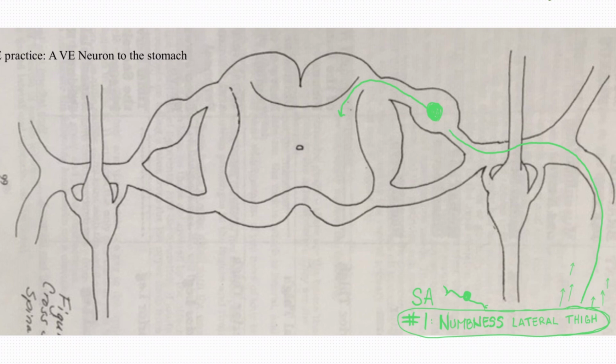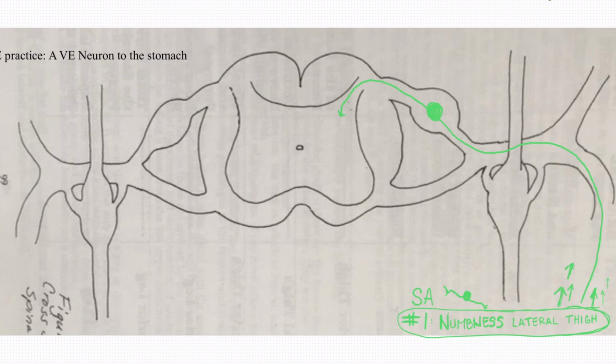So our SA neuron goes skin receptor, ventral ramus, dorsal root ganglion, dorsal root, spinal cord. So numbness in the lateral thigh, the skin receptor there, message goes up, ventral ramus, dorsal root ganglion, dorsal root, ends in the spinal cord.